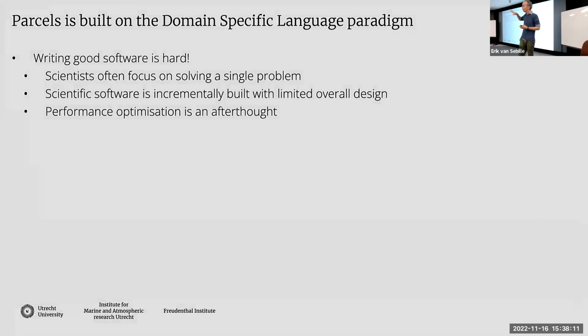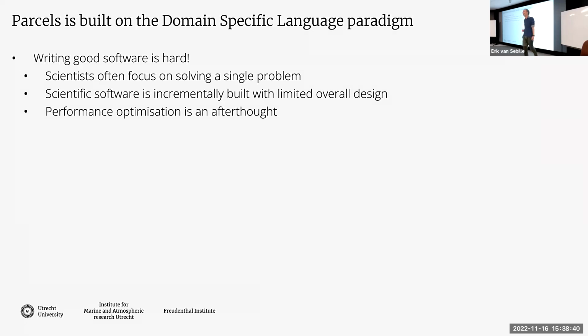And in that, we use the domain-specific languages paradigm, right? So this idea that there's a separation of concerns, right? That scientists like me, we are not meant to write good software. We're not trained for that. I don't have the time and the patience to actually write good software. I just want to solve my problem. And I'm sure that this is all familiar to you, but I just want to show here that I know this too, right?